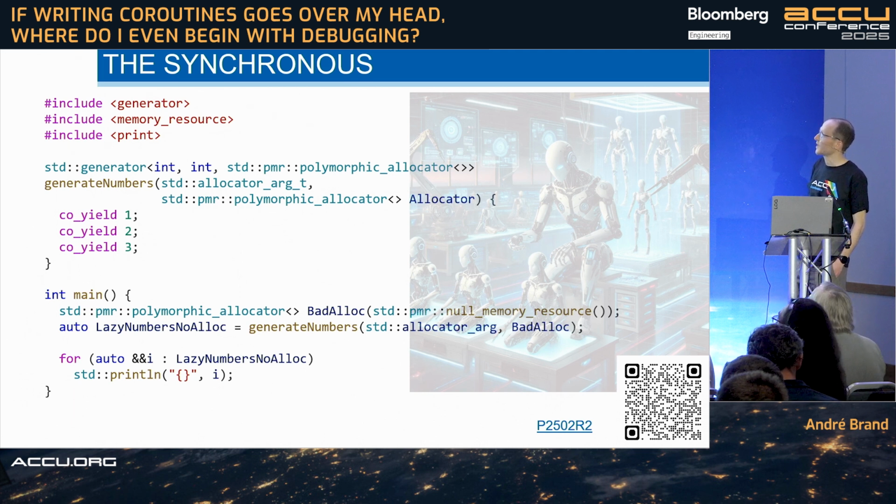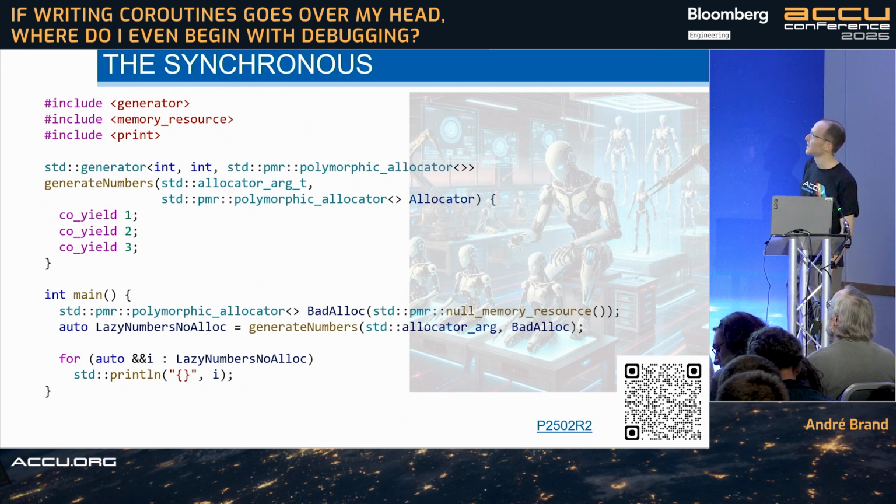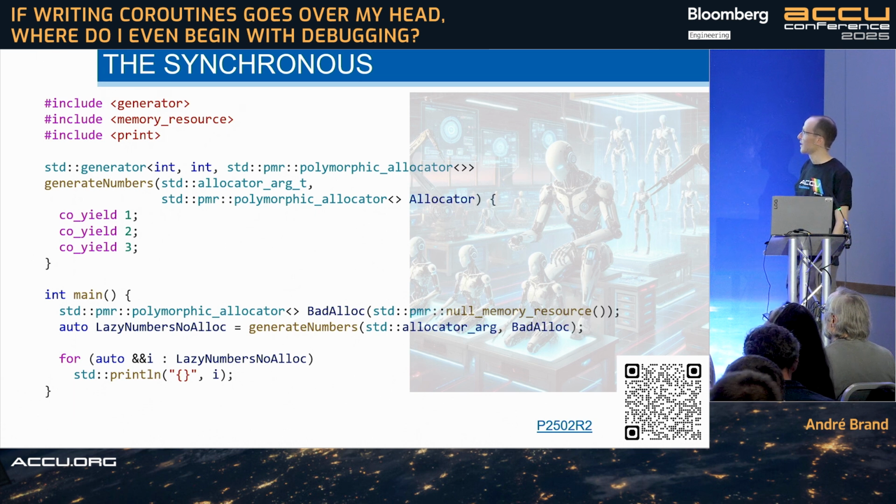So the standard makes use of that if you explicitly assign a standard allocator argument before your next argument. It will interpret this as the stateful allocator of the generator and will make use of it when allocating the coroutine frame. And you can test it out by using a polymorphic allocator.